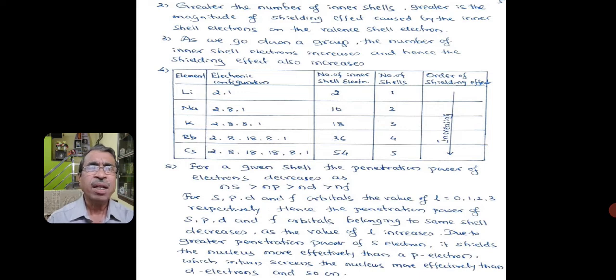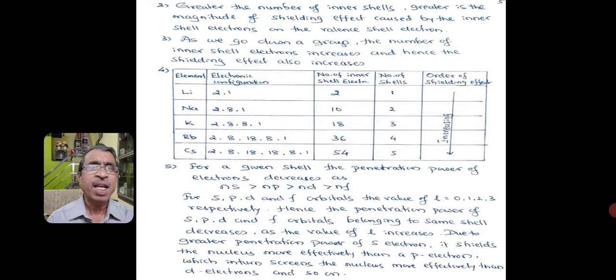This shows that all these elements contain one electron in the valence shell. But the number of electrons in the inner shells will be 2, 10, 18, 36 and 54 respectively, and the number of shells going down is 1, 2, 3, 4 and 5.